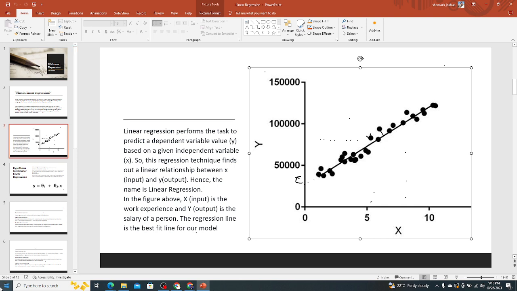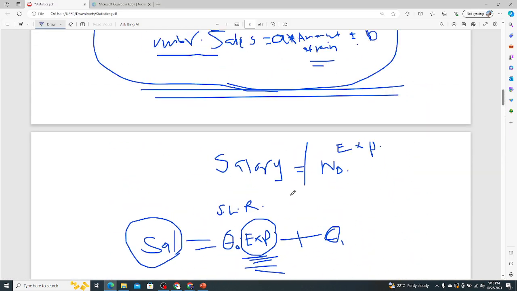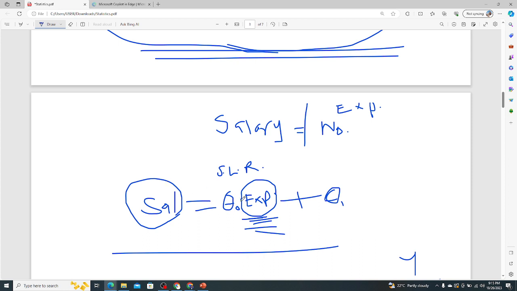So of course, if we build that model, we'll have this model: salary is equal to our constant, which is the slope, multiplied by experience, the number of years of experience, as our independent variable, plus the other constant, which is our y-intercept. Okay, all right, good.